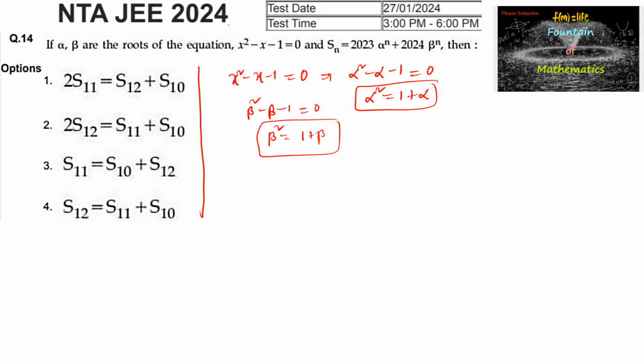And also given that Sn is equal to 2023 alpha power n plus 2024 beta to the power n.